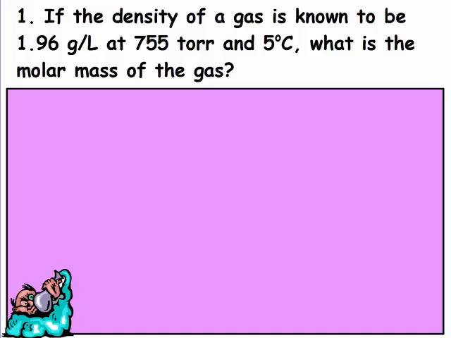So in this first problem, I know I'm going to use the rearranged equation because it's talking about density. So I know density, I know pressure, I know temperature. Notice I know one of everything, but they have density instead of moles or mass.